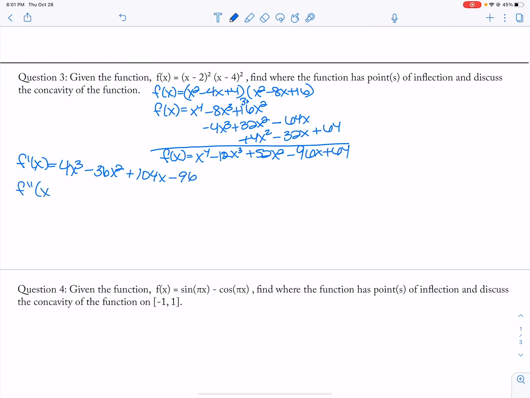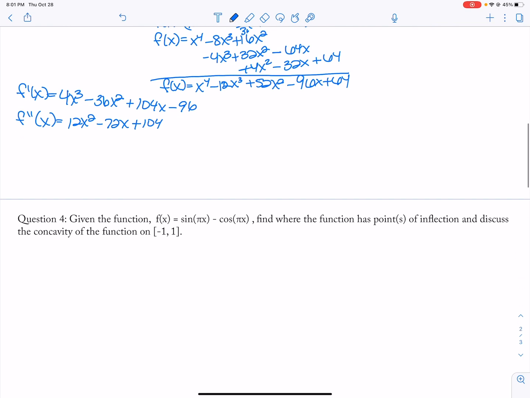So f double prime of x is equal to 12x squared minus 72x plus 104.